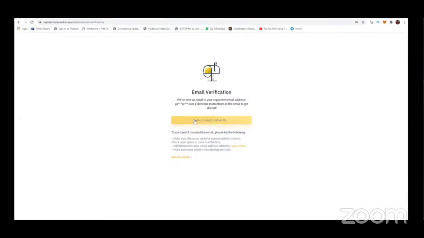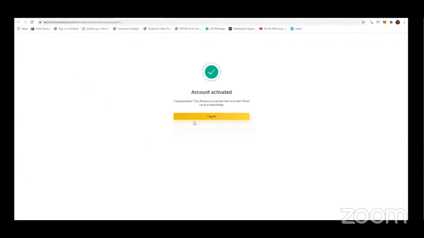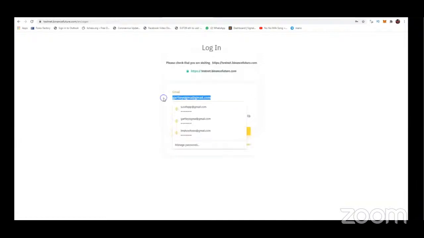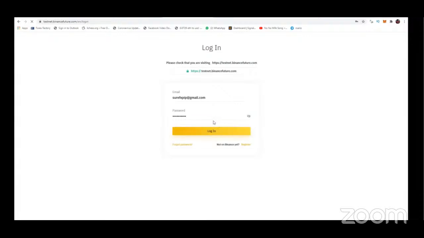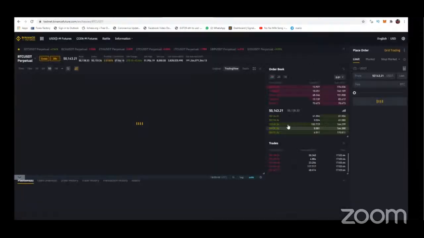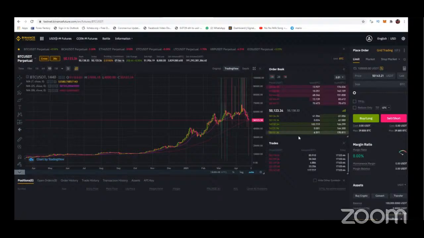Let's quickly go there and confirm our registration. And so right there we have confirmed our registration. All we need to do right now is click on login, and put in our username and password here, and then we click on login. Once we do that, it should take us to the same environment that we are used to.